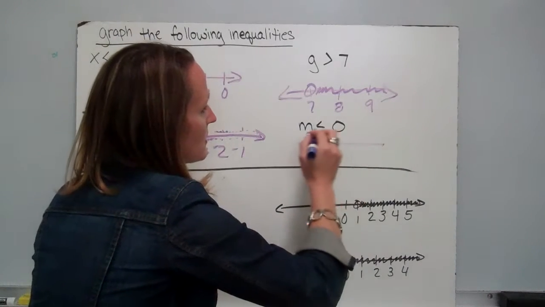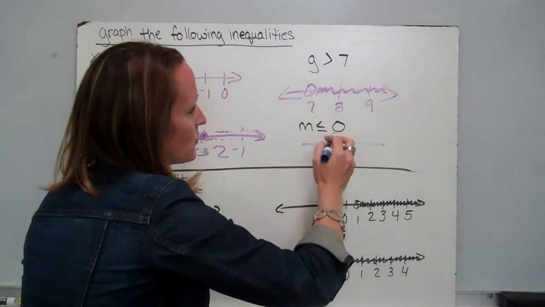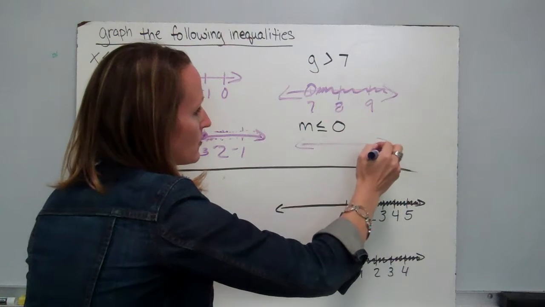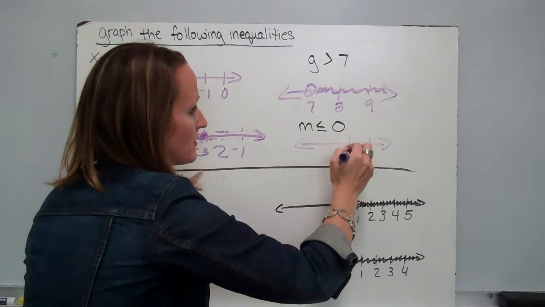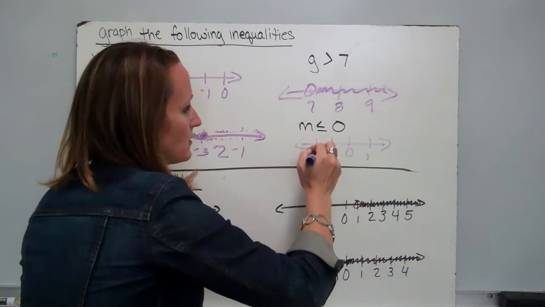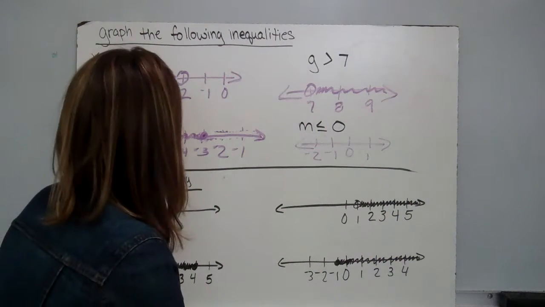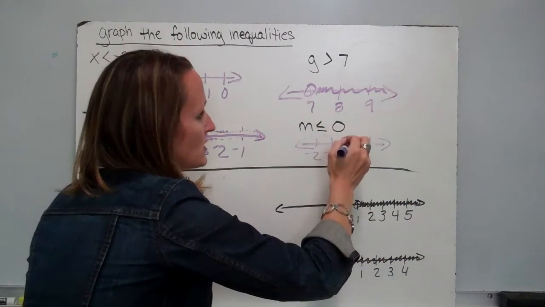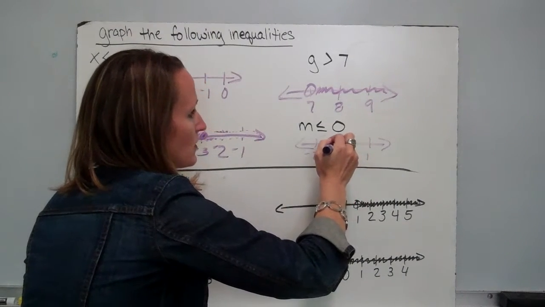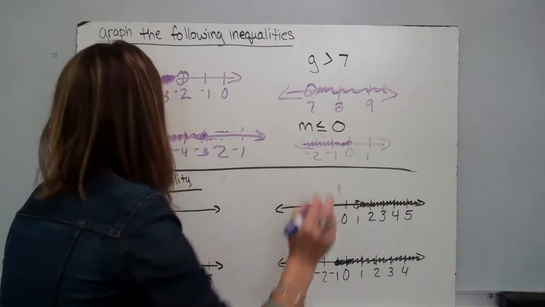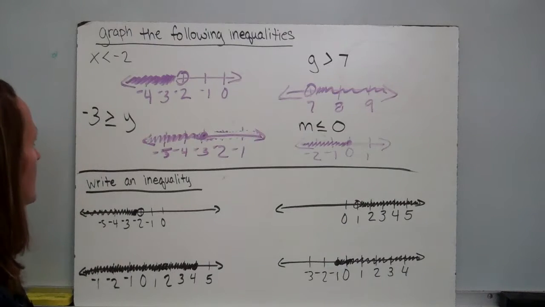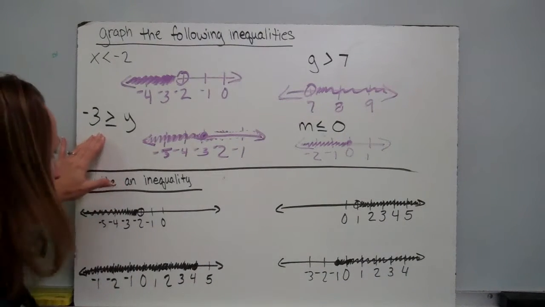And then here, m is less than or equal to 0. That means 0 is our greatest number. Closed dot at 0, and I'm going to shade this way.